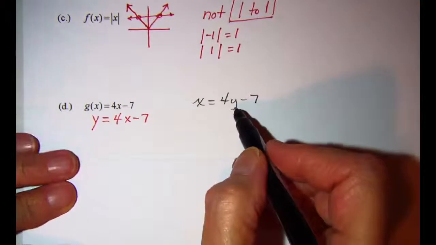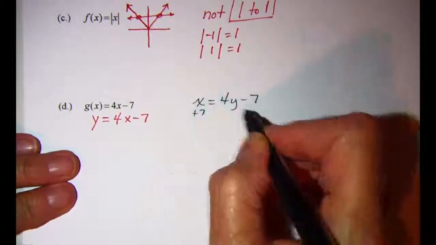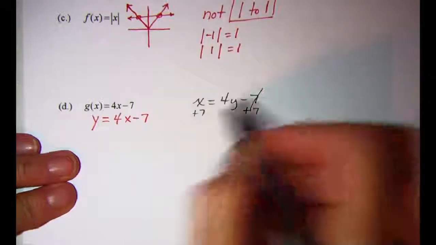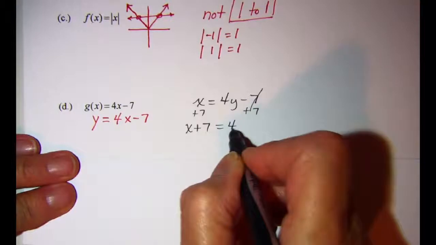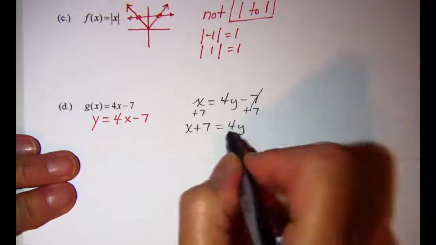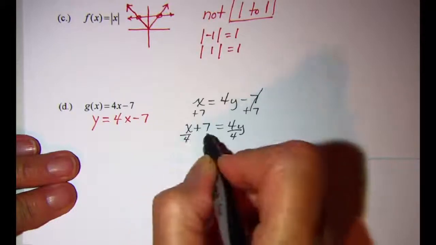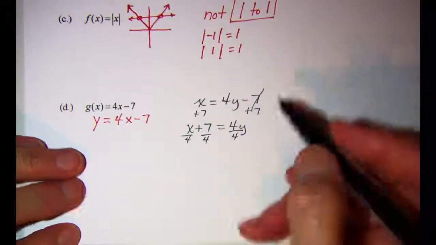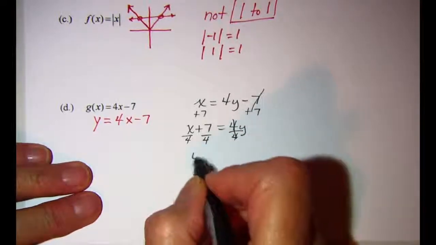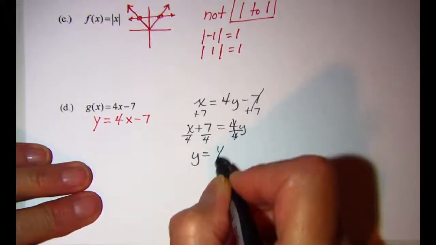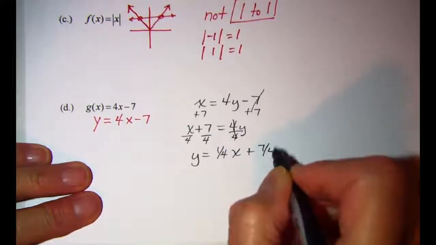Now I want to solve for y, so I'm going to add 7 to both sides. So I have x plus 7 equals 4y, and then divide by 4. So I'm going to write this as y equals 1/4 x plus 7/4.